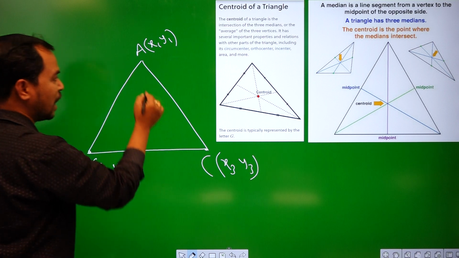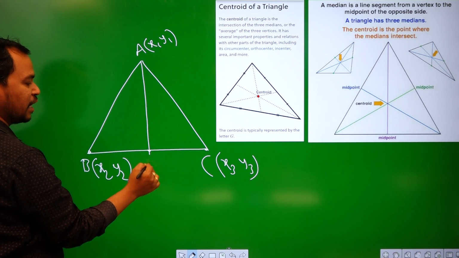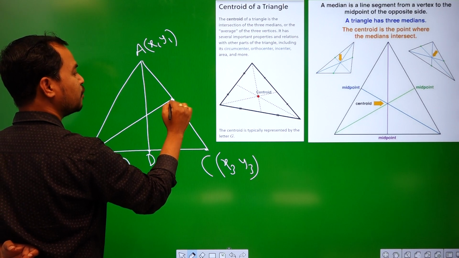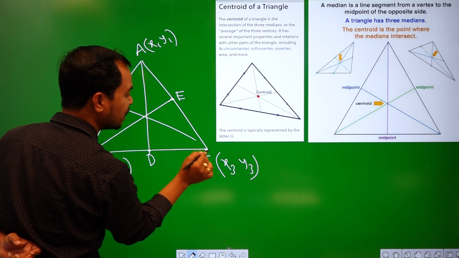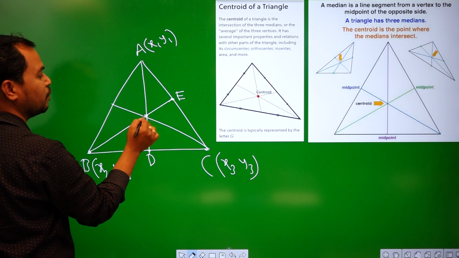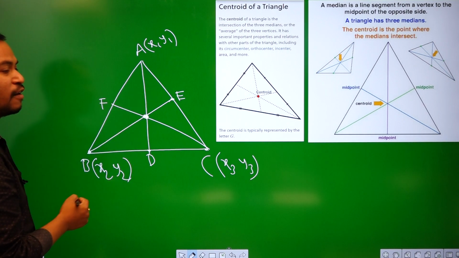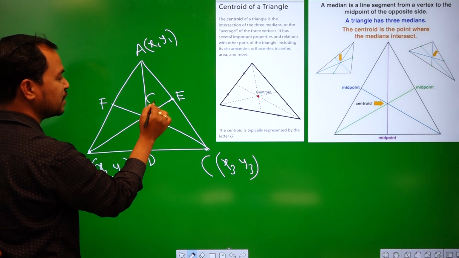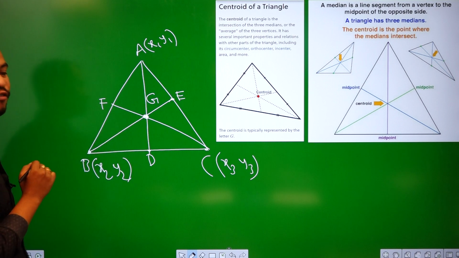As I said, I can draw 3 medians: one median from vertex A, let it be AD, one from vertex B, let it be BE, and another from vertex C, let it be CF. The point of concurrence of the medians is called G.